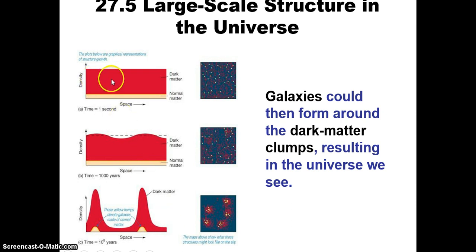All right, so this is just kind of a vision of the early universe where dark matter and normal matter are spread out. The dark matter starts to get clumpy. They pile up in certain regions, certain parts of the universe, and over time, where the dark matter is, you find clumps, and eventually gravity will draw in the normal matter in those directions, and that's where we're going to see galaxies.